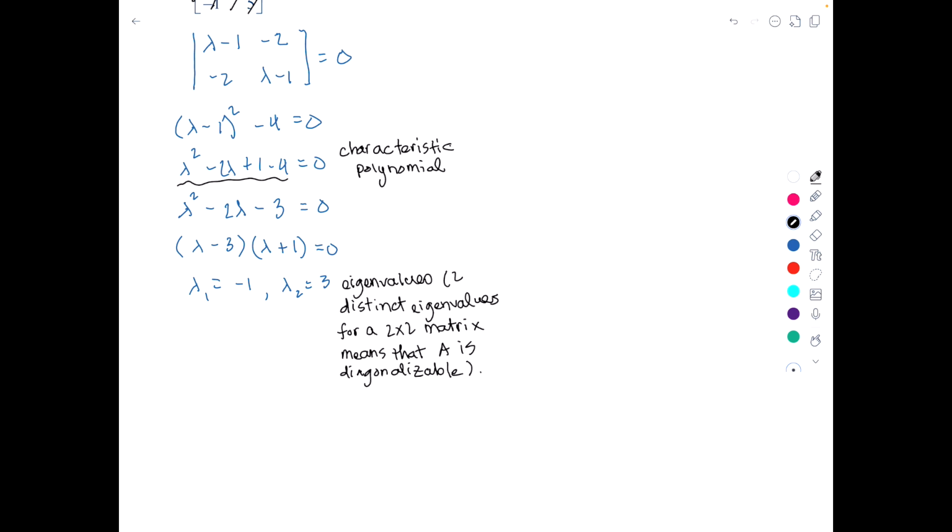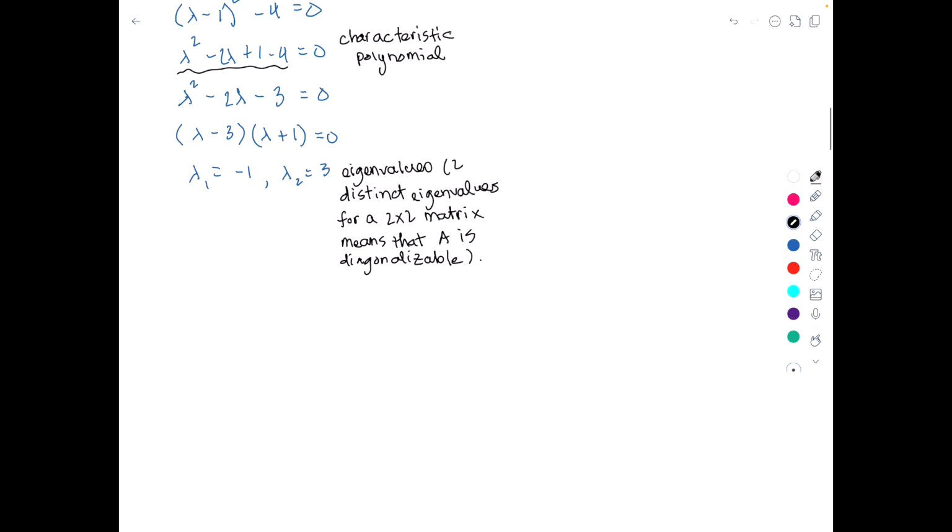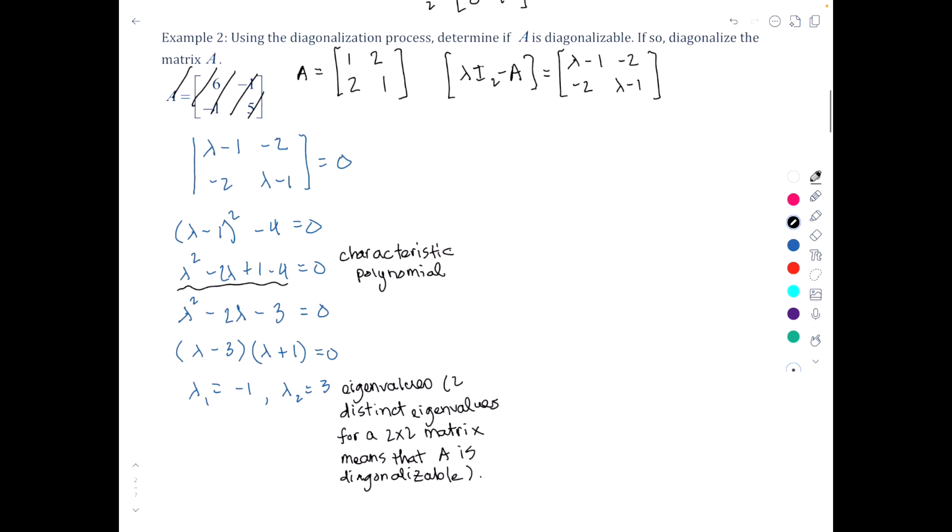So when we find our first eigenvector, I'm just going to go up here and start it. So for lambda 1 equal to negative 1, negative 1 times I2 minus A will be equal to negative 2, negative 2, negative 2, and negative 2.